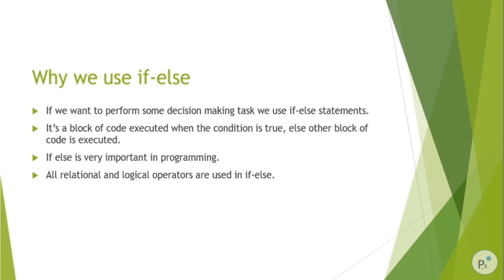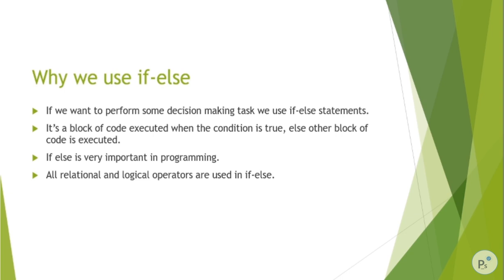Suppose you want to execute a particular code only when a particular condition is true. To control that execution flow, you need if-else conditions. It's a block of code which is executed when the given condition is true. Otherwise, the other block of code will execute.